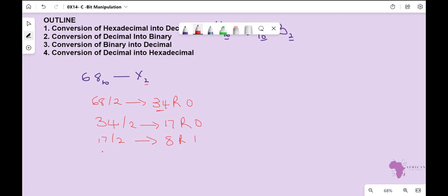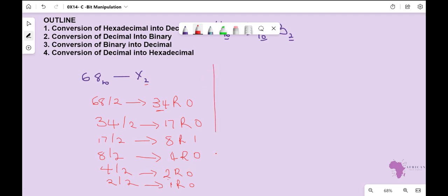Then 8 divided by 2 will give us 4, remainder 0. Then 4 divided by 2 gives 2, remainder 0. Then 2 divided by 2 gives 1, remainder 0.